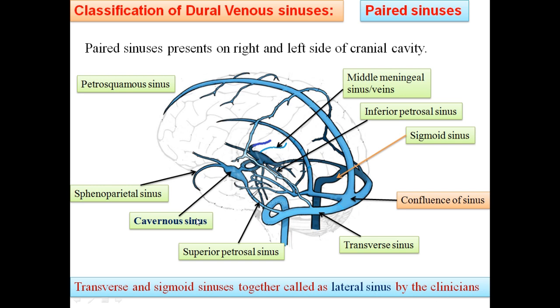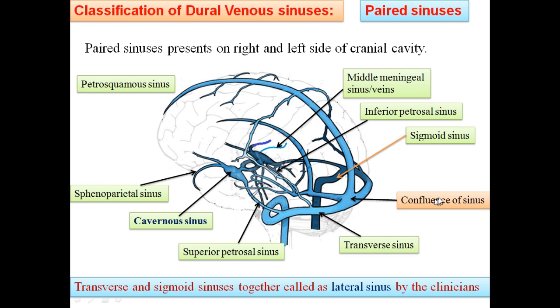We can see the very large sinus, the cavernous sinus, which is present in the middle cranial fossa, at the body of the sphenoid bone, and the sphenoparietal sinus anterior to the cavernous sinus, and posterior to the cavernous sinus there are the superior petrosal sinus, inferior petrosal sinus, middle meningeal sinus, the sigmoid sinus, which is the largest sinus, and the transverse sinus.